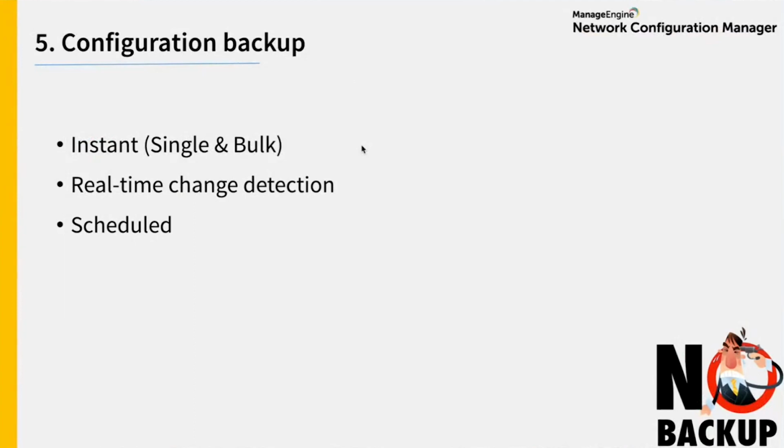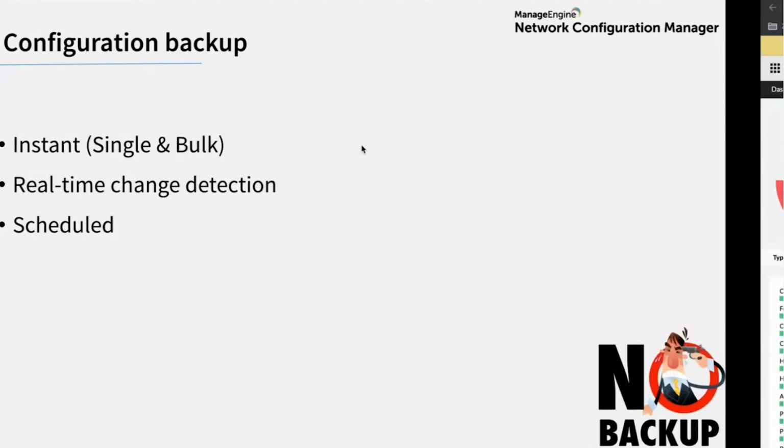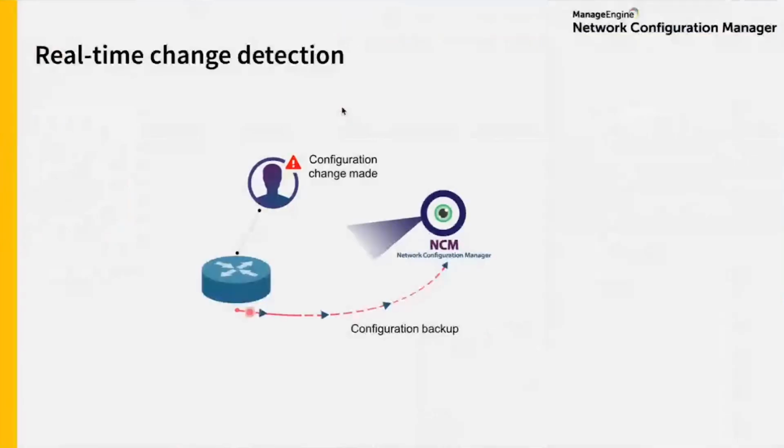Next is real-time change detection or automatic backup. As you can see from this screen, even if you're not available or not physically present, Network Configuration Manager will keep an eye on configuration changes for you.